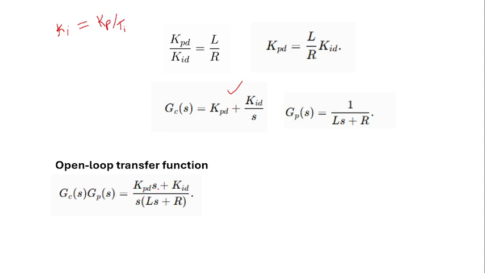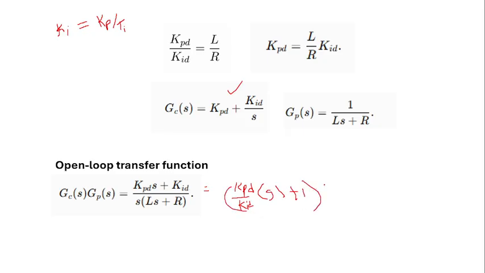If you take out Kp by Kd, this is something like S plus 1 by Kpd by Kd into S plus 1.